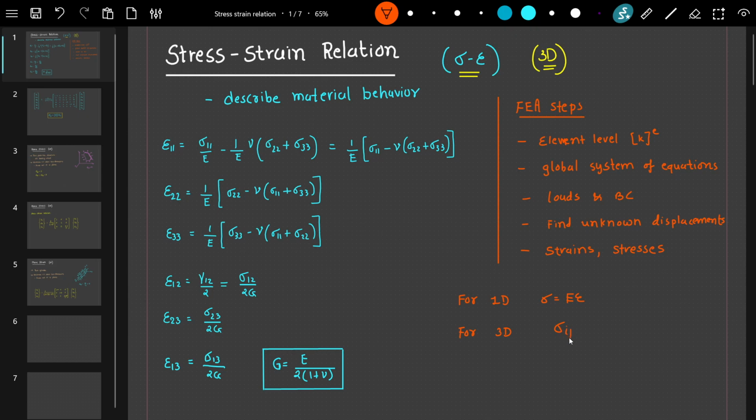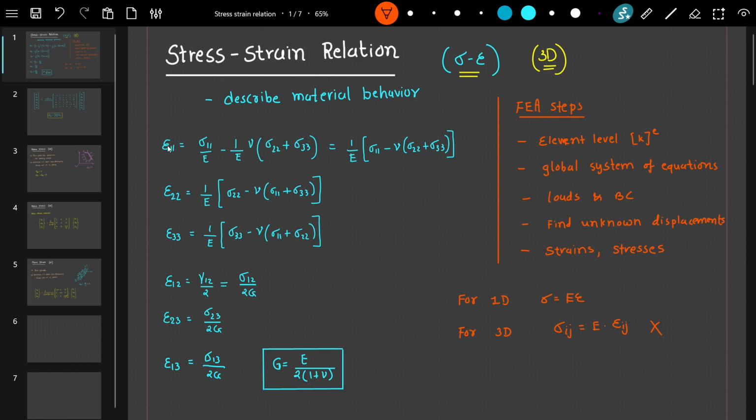Sigma ij is equal to E epsilon ij. We cannot write something like this, because it is not so straightforward. This is not valid due to Poisson's ratio effect.